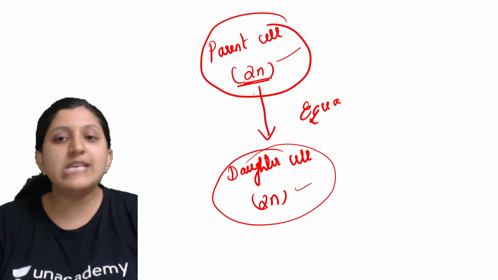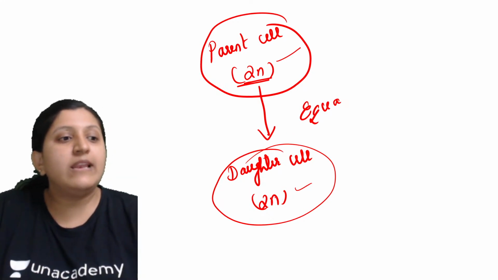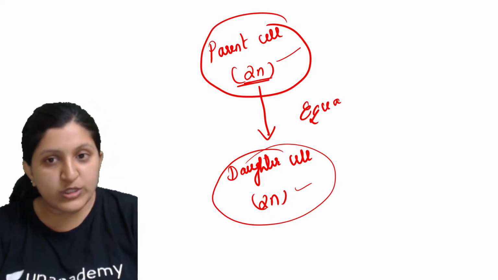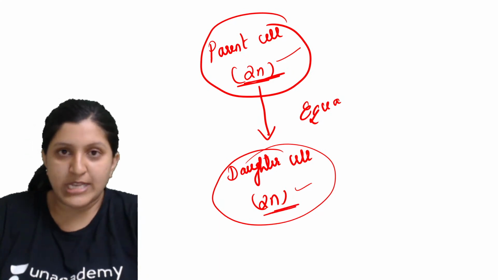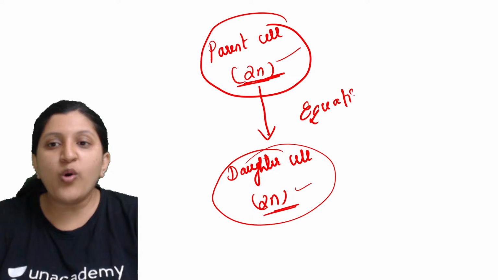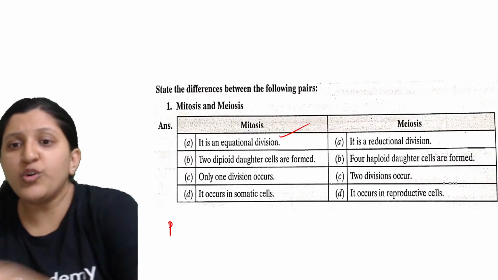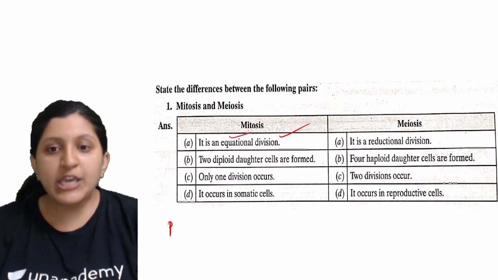So basically DNA was doubled here, and here DNA is equally divided. So here also you can find 2 sets of chromosome, and here also 2 sets of chromosome, which we call the equational division. So mitosis is an equational division.